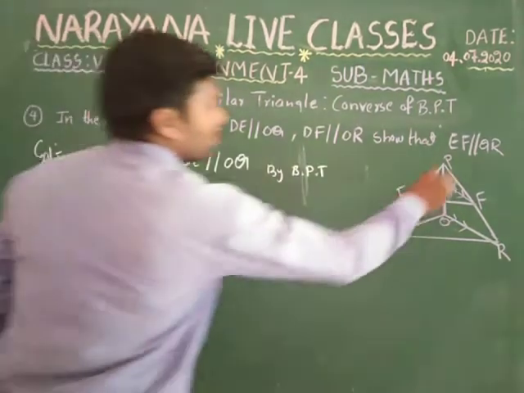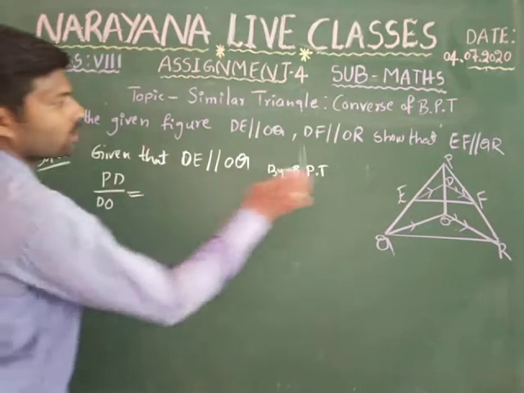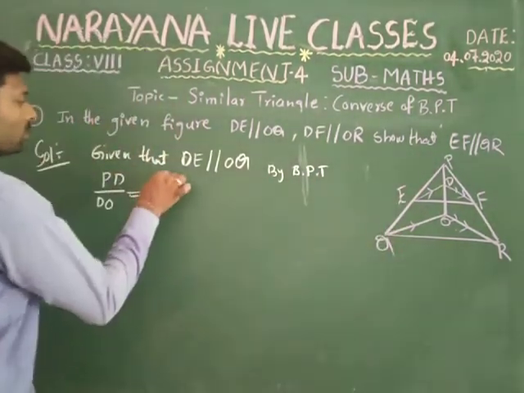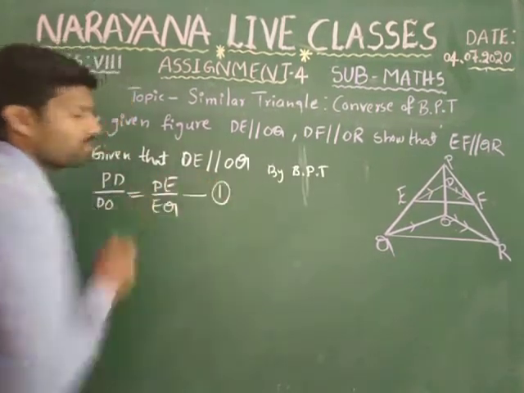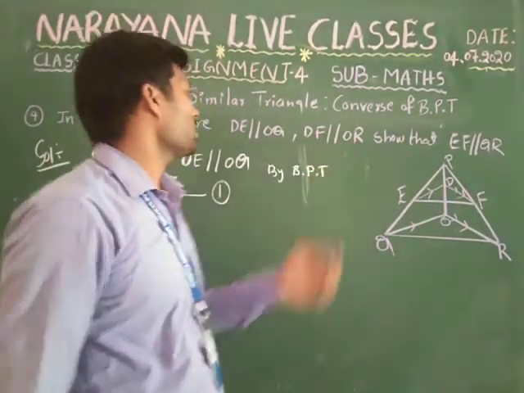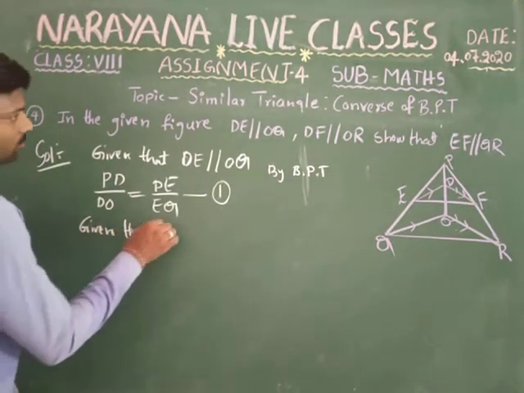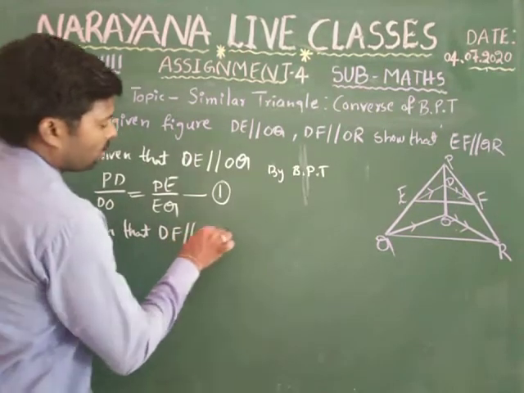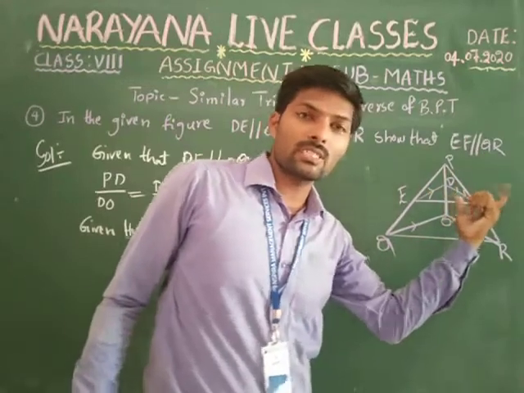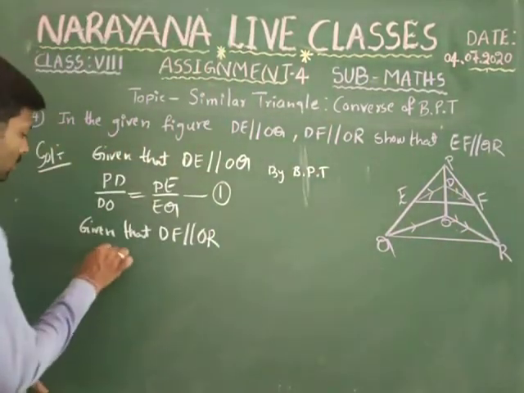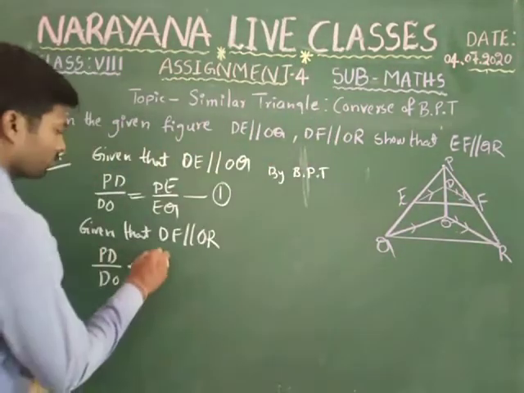So I will write PD by DO is equal to PE by EQ. Let's say this is equation 1. Now the second statement: given that DF is parallel to OR, the line divides the remaining two sides in the same ratio, that is PD by DO is equal to PF by FR.